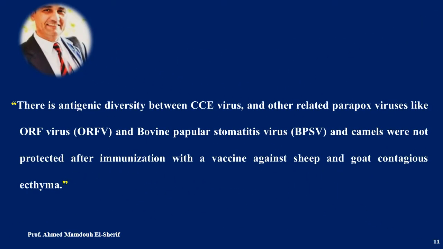There is antigenic diversity between CCE virus and other related parapox viruses like orf virus and bovine papular stomatitis virus, and camels were not protected after immunization with a vaccine against sheep and goat contagious ecthyma.